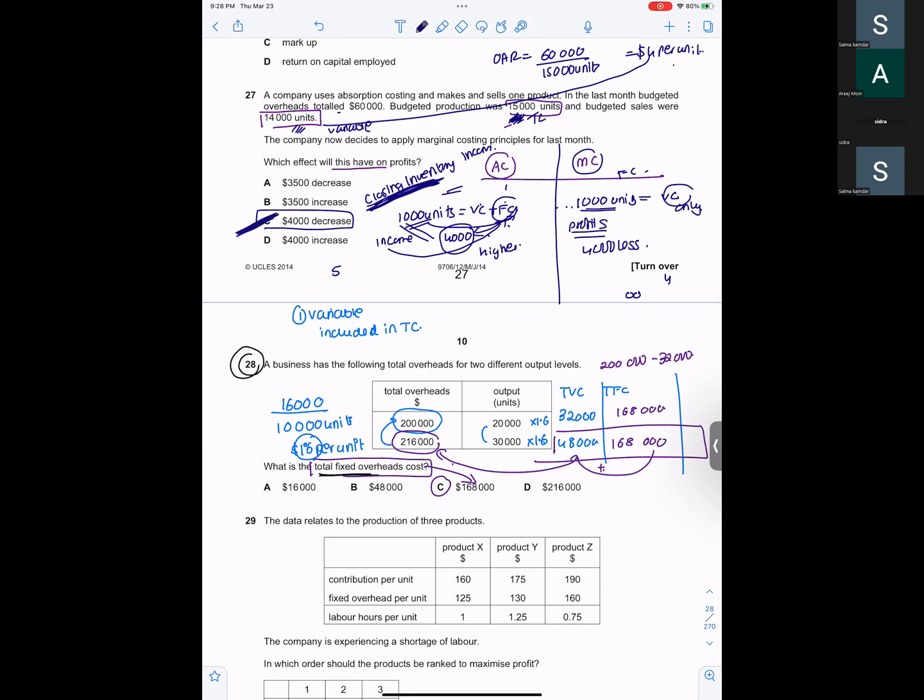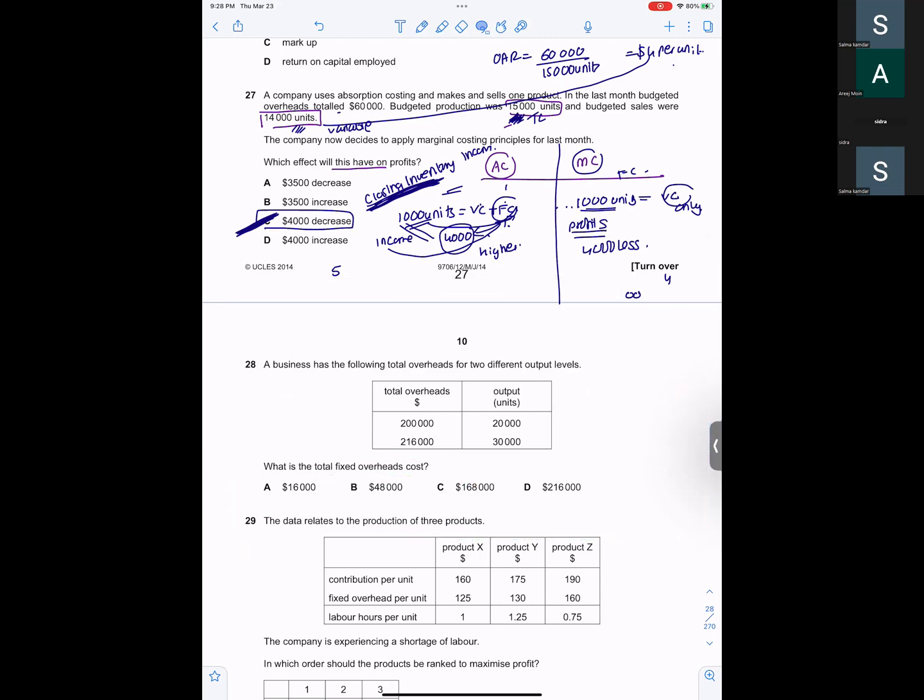Please tell me if you understood the explanation. I can re-explain it. Yes, miss, I understood. Sidra, you got it? You got the correct answer, but it was a very long explanation.